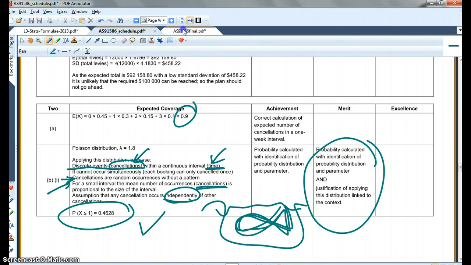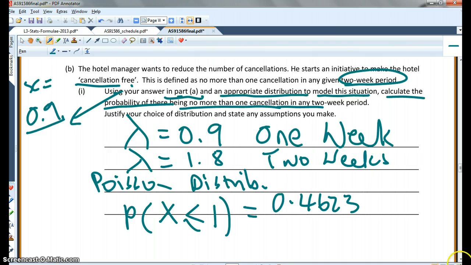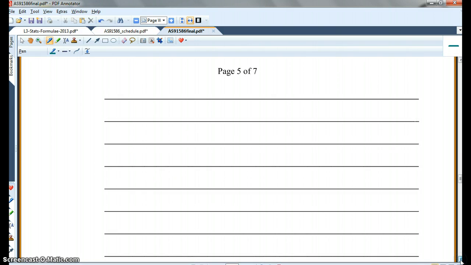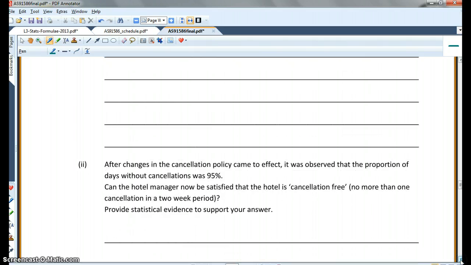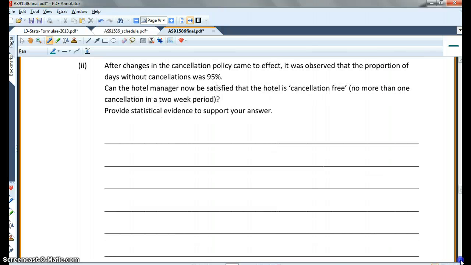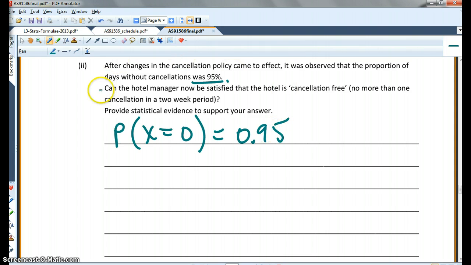So back to here. What is our next question? After changes in the cancellation policy come into effect, it is observed that the proportion of days without cancellations was 95%. So the x equals no cancellations, 0.95.